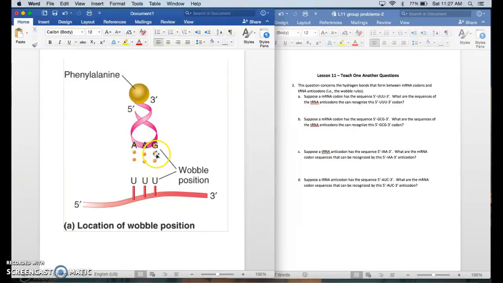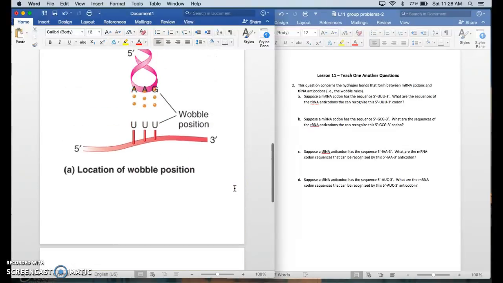However, the wobble rule says that the third nucleotide going from 5' to 3' on the mRNA can vary, can wobble. It's not stable. That's how I remember it. And so there are different anticodons that it could match up to.